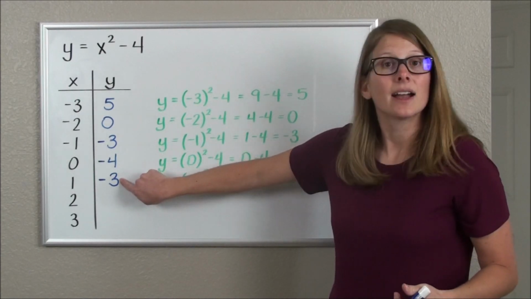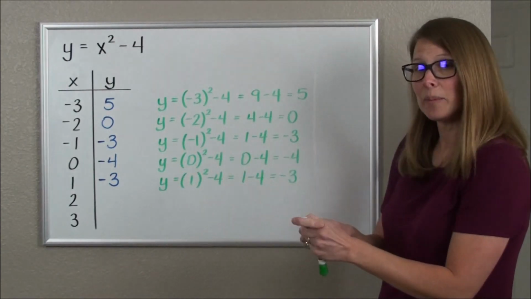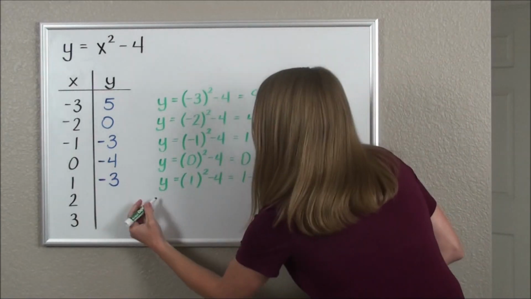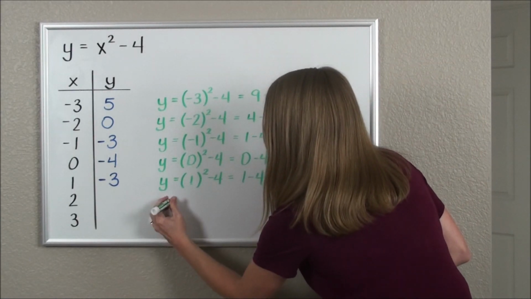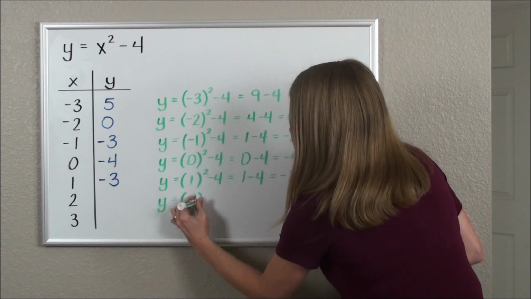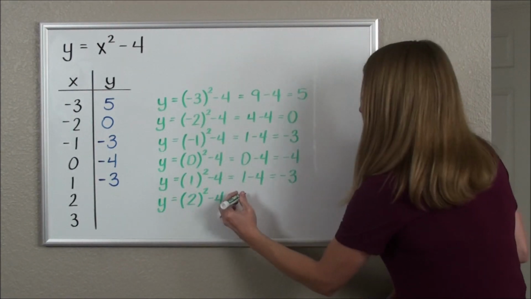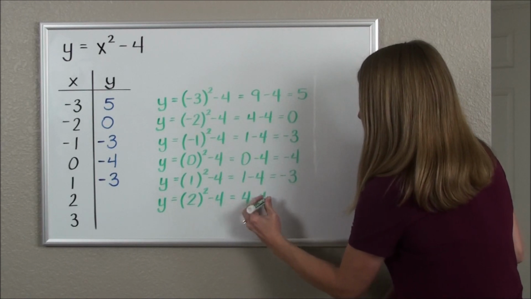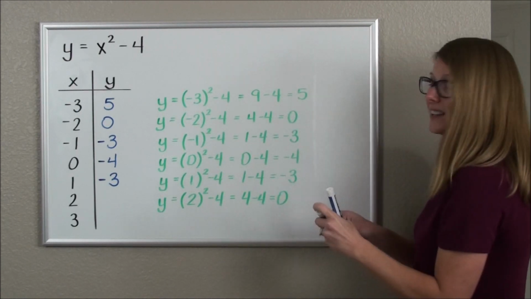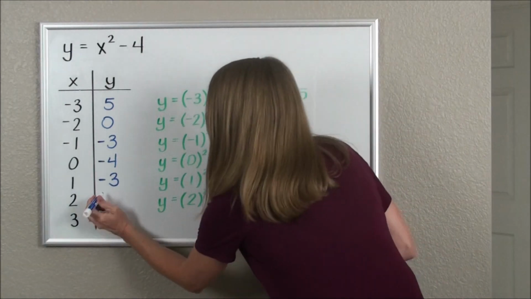Now we're jumping back up 1. Let's see what happens in the next row. Now if I plug in x equals 2, I get 2 squared minus 4. 2 squared is 4, and 4 minus 4 is 0. That's another value that has repeated in the table.